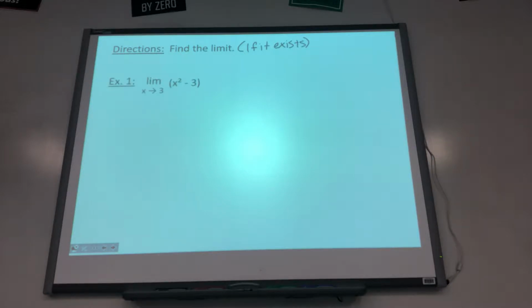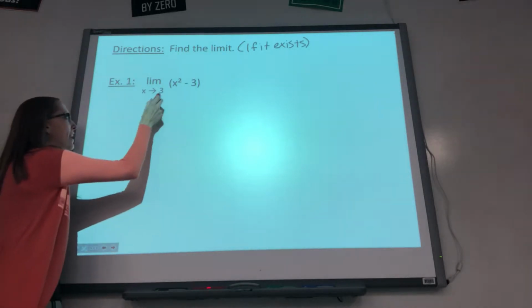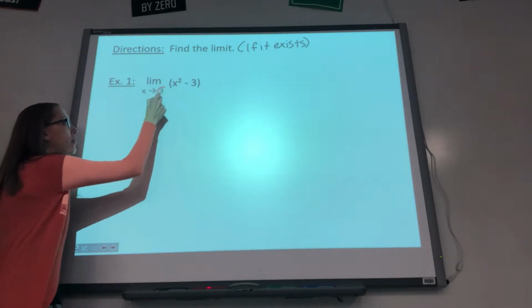Okie doke. Number 1, we need to find the limit as x approaches 3 of x squared minus 3. The first thing to do in any limit problem is to plug in the value of x that you're approaching and see if it works. So let's try that. We're approaching 3.